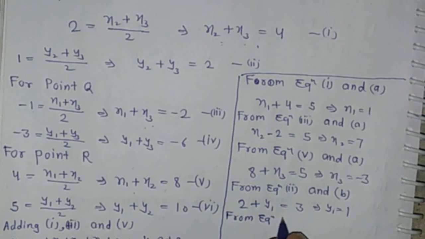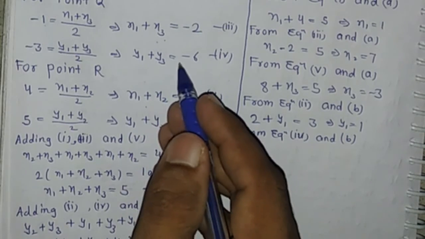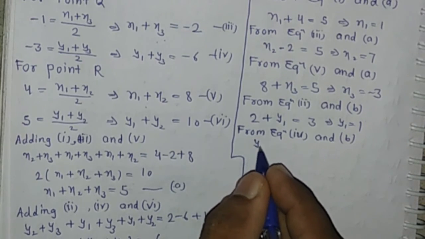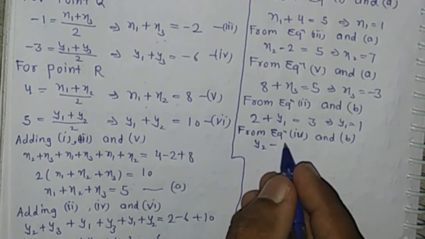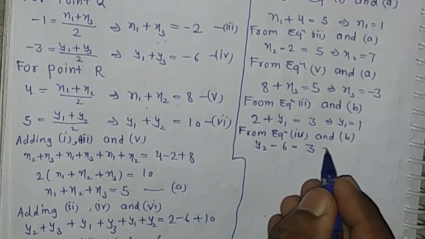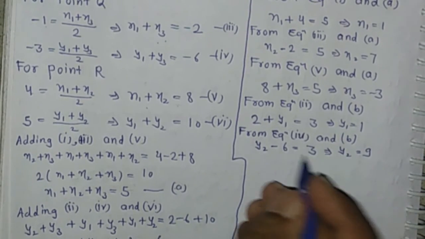From equation 4 and equation B, we put the value of y1 plus y3, which is minus 6, so y2 minus 6 equal to 3, then the value of y2 is 9.